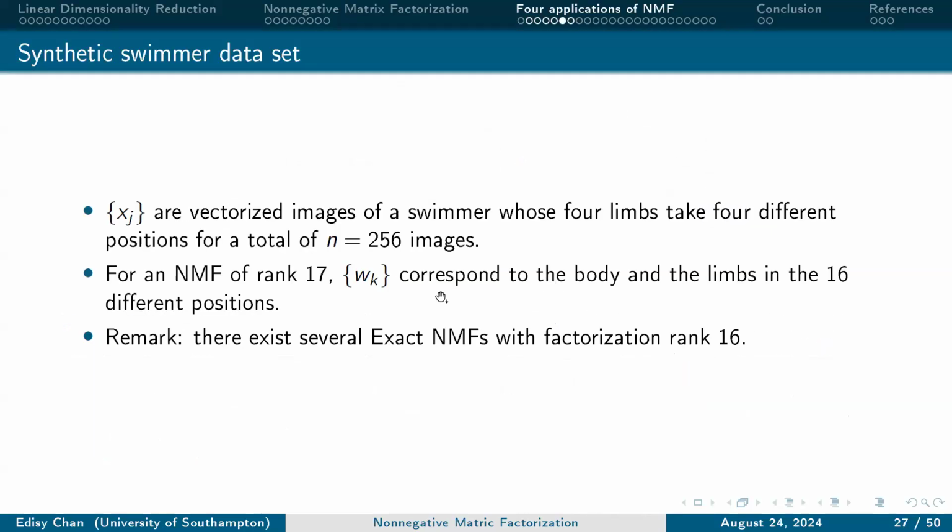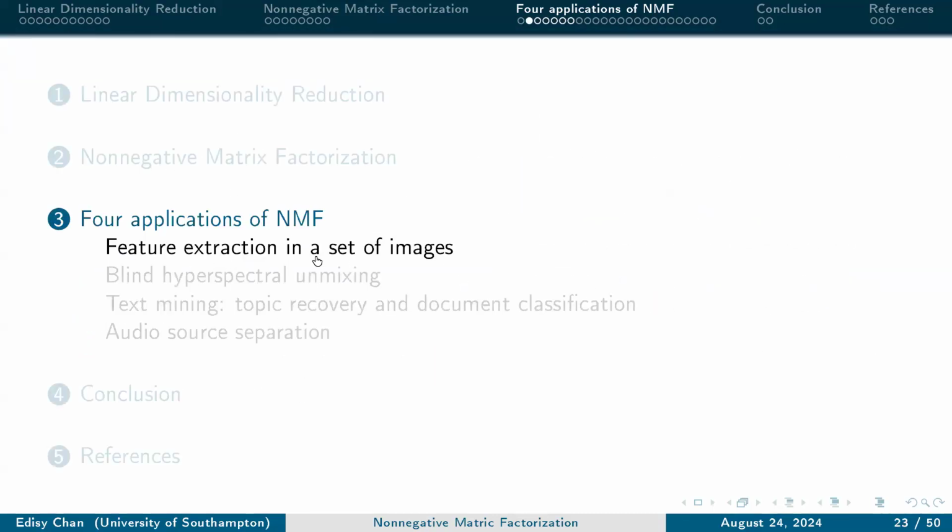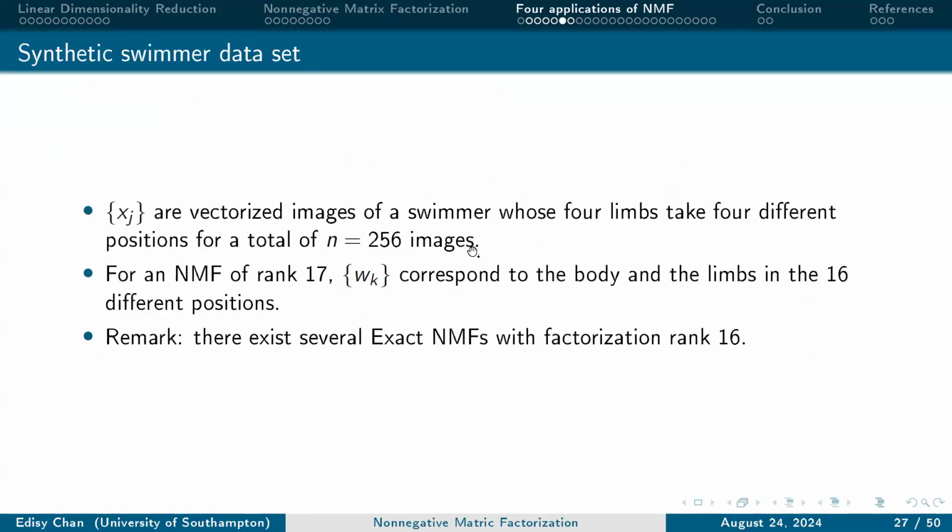This is an example of feature extraction in a set of images, and another easy example is the synthetic swimmer dataset. The xj, the columns of the data set, are vectorized images of a swimmer. The swimmer has four limbs, and those limbs take four different positions, so we have in total 256 images.